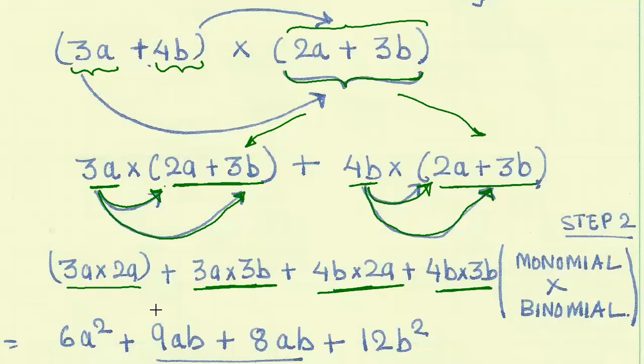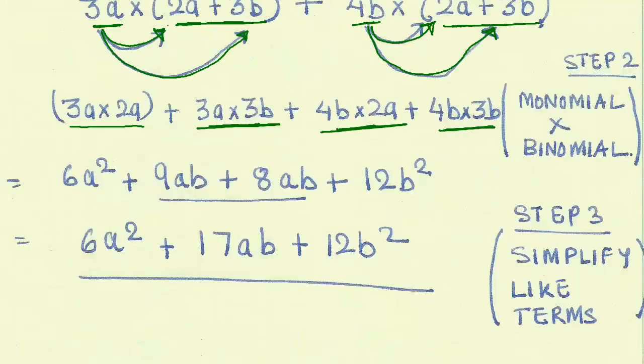Finally, when we simplify this and do these multiplications, 3a multiplied by 2a: 3 times 2, multiplying the coefficients, gives us 6, and a times a is a squared, so 6a squared. This is your first term. Now we have 3a times 3b, so 3 times 3 gives you 9, and a times b gives ab, so we have 9ab.